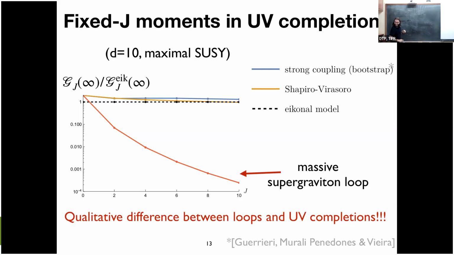Where did this amplitude come from? Technically, what they do is this: at low energy, you have G Newton over some structure, and then you have a coefficient of the Riemann-cubed coupling, the low energy extension of SUSY.